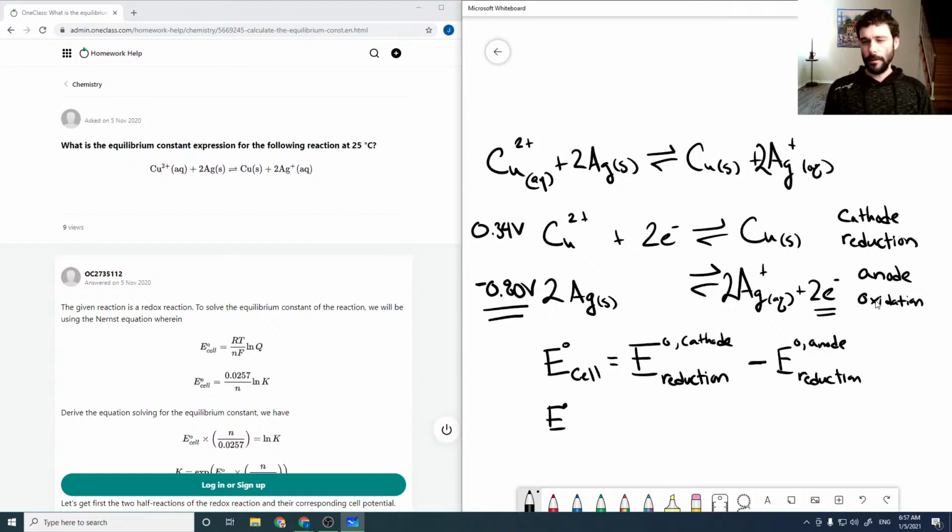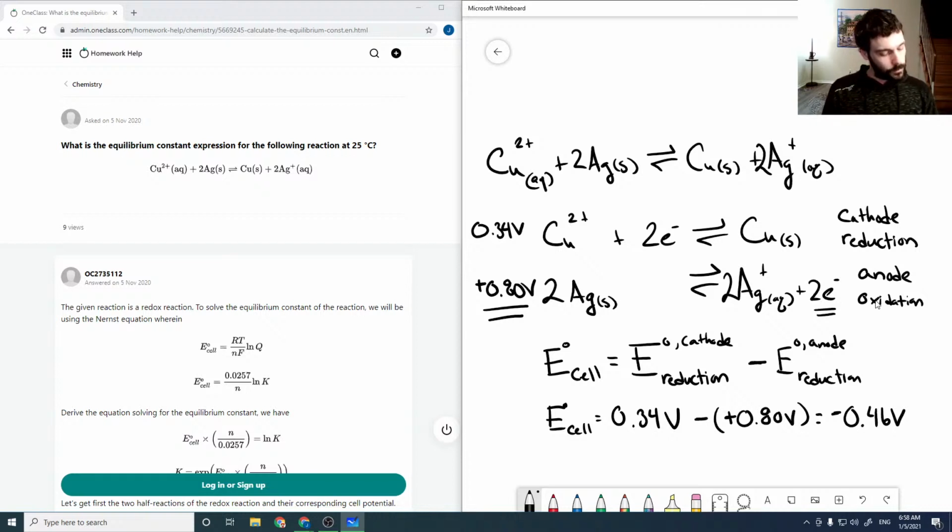So our E0 cell is then 0.34 volts minus 0.80 volts. Oh, sorry. That would be plus 0.80. And so that should be plus, which makes it 0.46 volts.